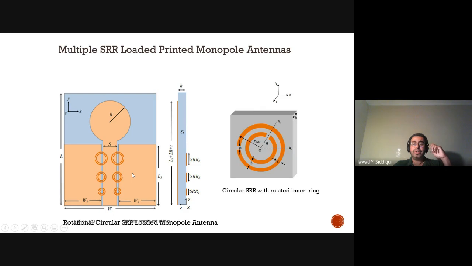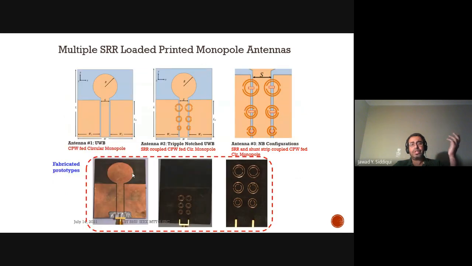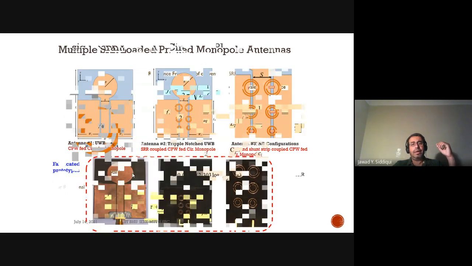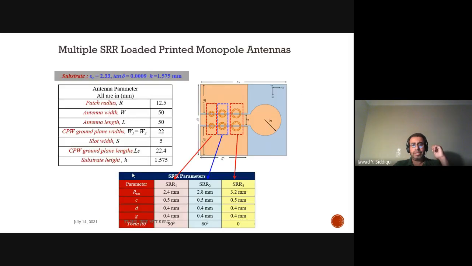So these are circular SRRs with a rotated inner ring. When we rotate the inner ring, again, it's all basically engineering of the phase and the amplitude, and we can get the same kind of responses as in other designs. We have a paper in IET, I think, where we derive an expression to calculate the notch frequency of the SRR.